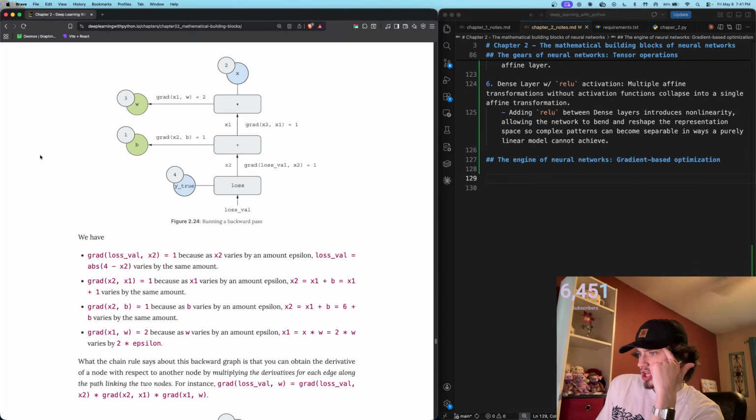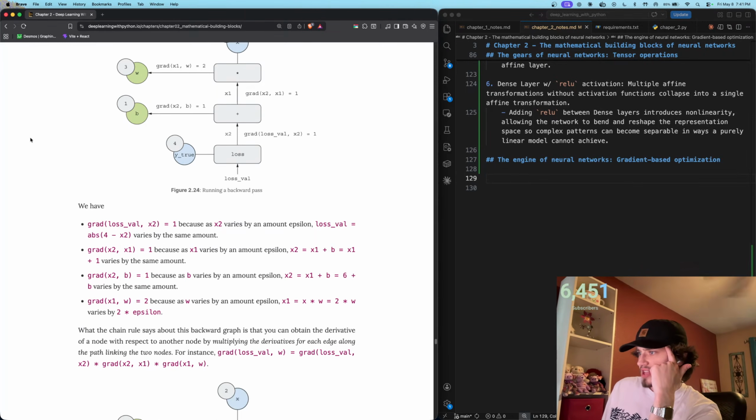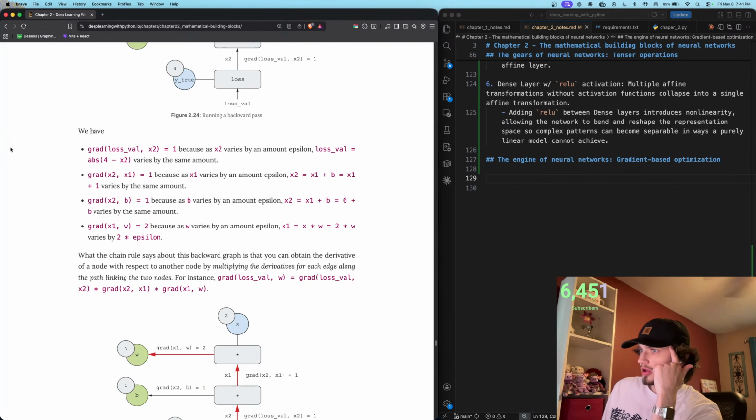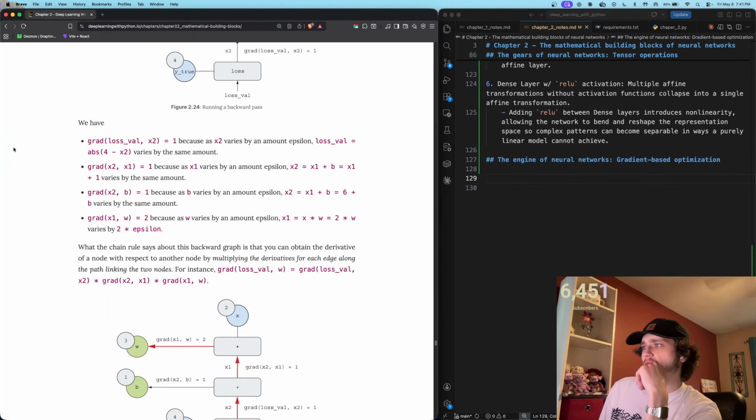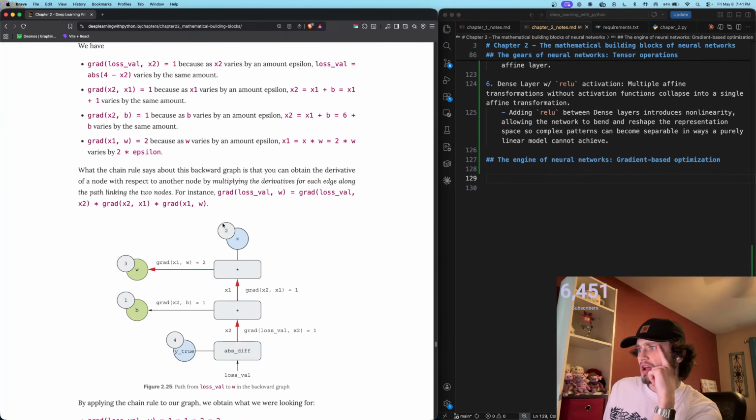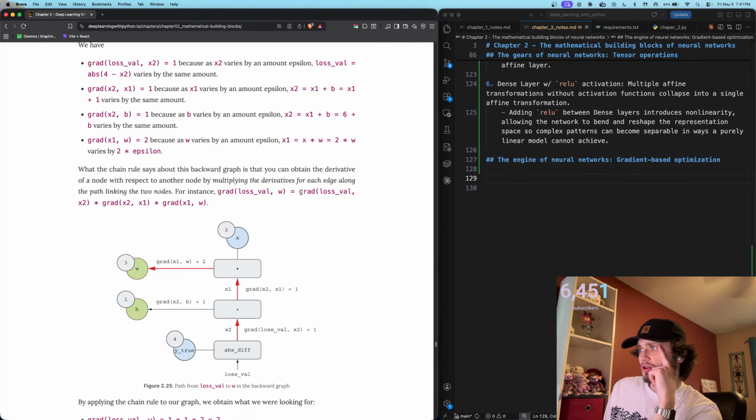What the chain rule says about this backward graph is that you can obtain the derivative of a node with respect to another node by multiplying the derivatives for each edge along the path linking the two nodes. For instance, gradient loss value comma w equals gradient loss value comma x2 times gradient x2 comma x1 times gradient x1 comma w.